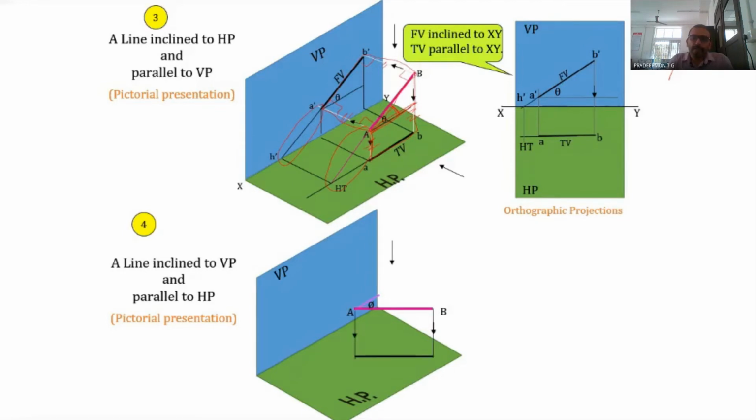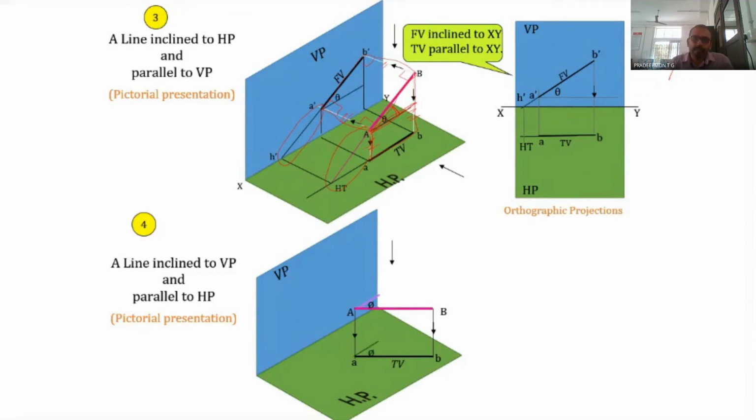To get the top view, we look from the top and project the points A and B to the HP. We obtain small a and small b there, and we join them to get the top view. Now this top view is inclined at an angle phi with respect to the XY line.